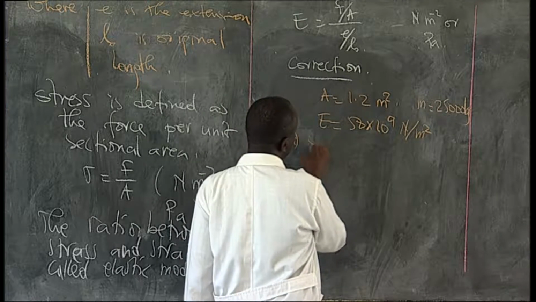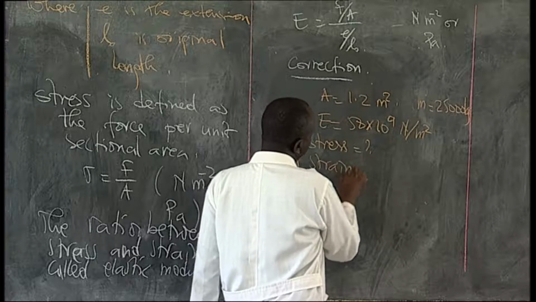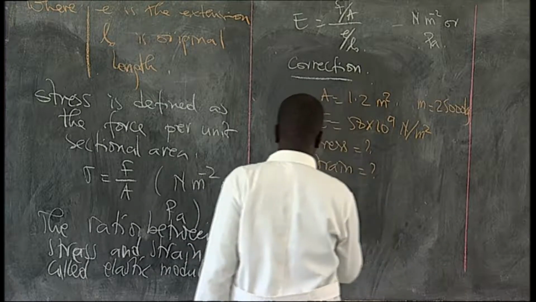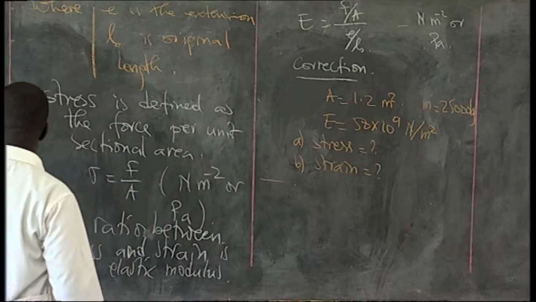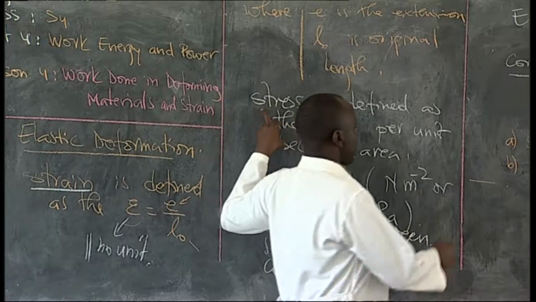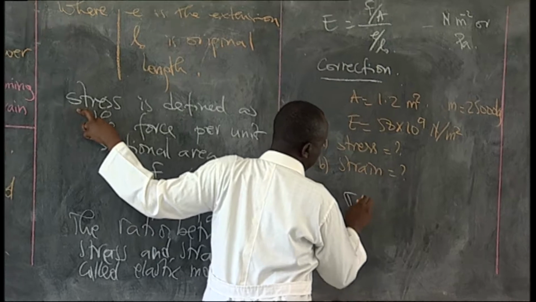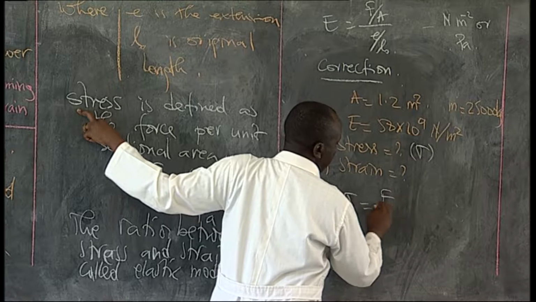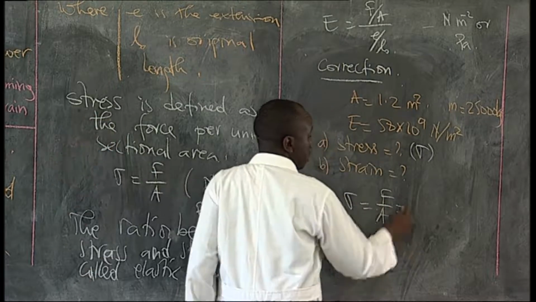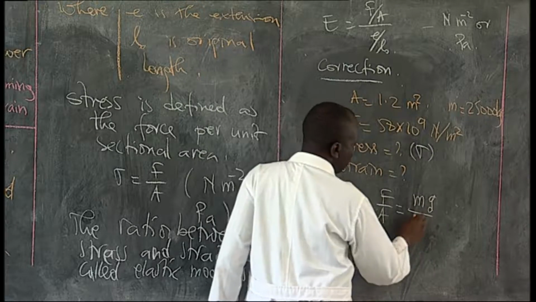So for stress and strain, what are we going to do? We are going to apply the formula. The strain is here and then the stress, so we are going to find the stress first. Stress equals F over area. In other words, the force is the weight of the material over the area.